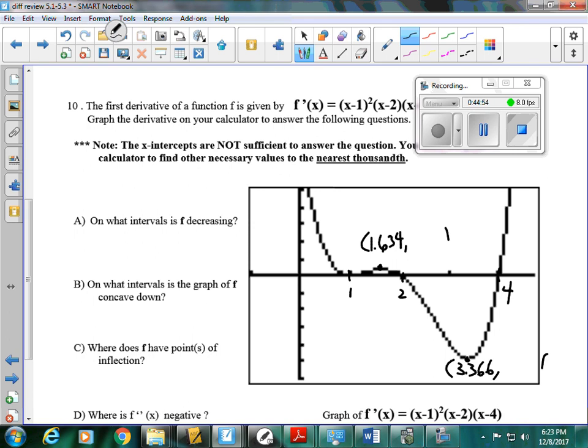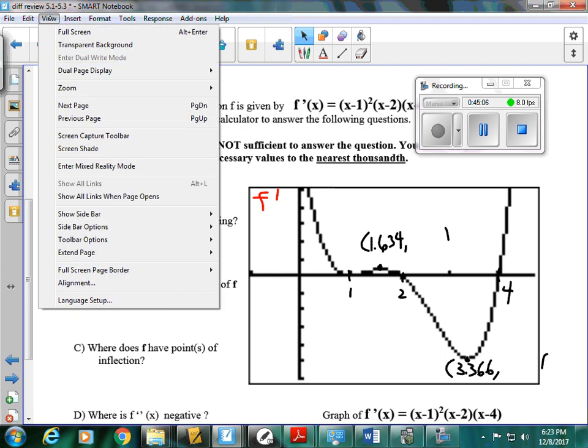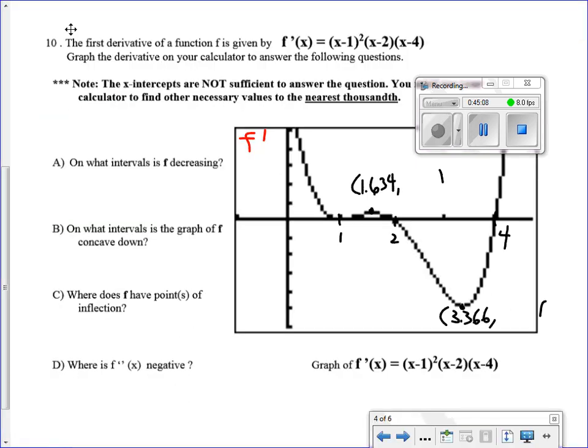Here's the first derivative. It's decreasing when the first derivative is negative. So we look at our graph of the first derivative and see where it's below the x-axis. That's when it's negative. We can see that's between 2 and 4. So our answer would be from 2 to 4.